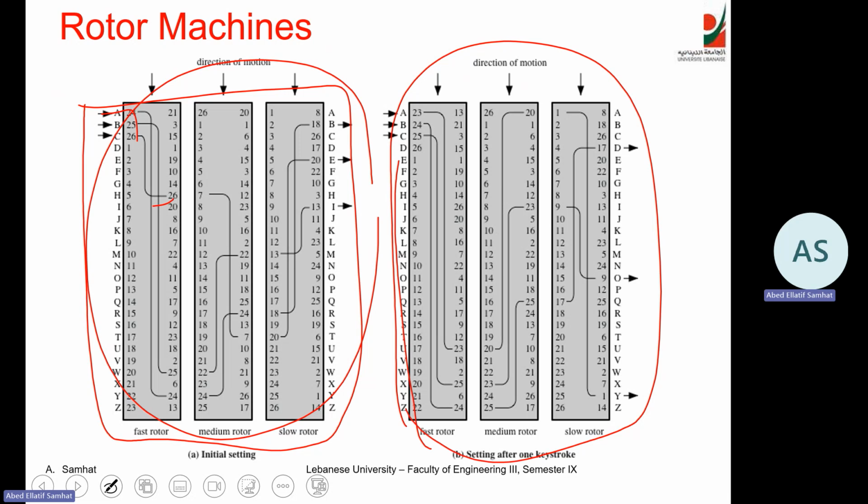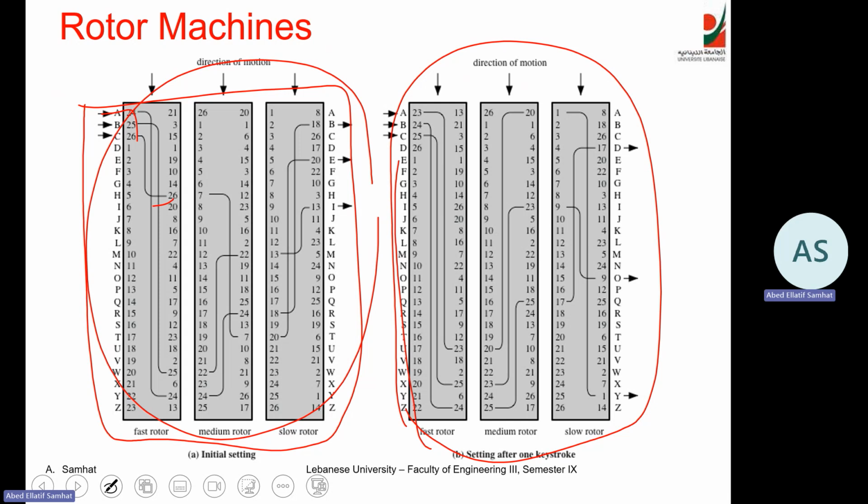At the receiver we have the reverse according to the key. It's the same machine, we are able to recover the information. It's really an important system because it's based on cylinders.